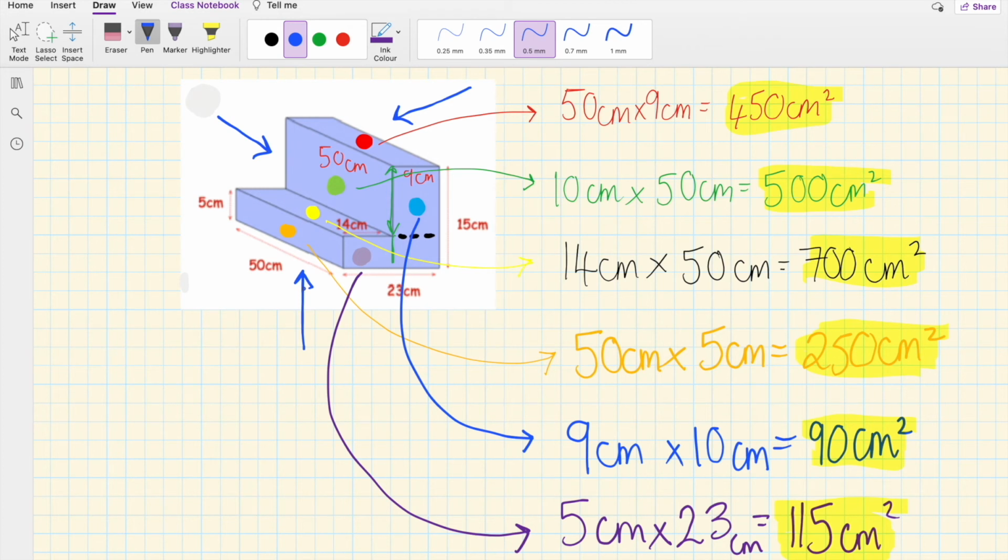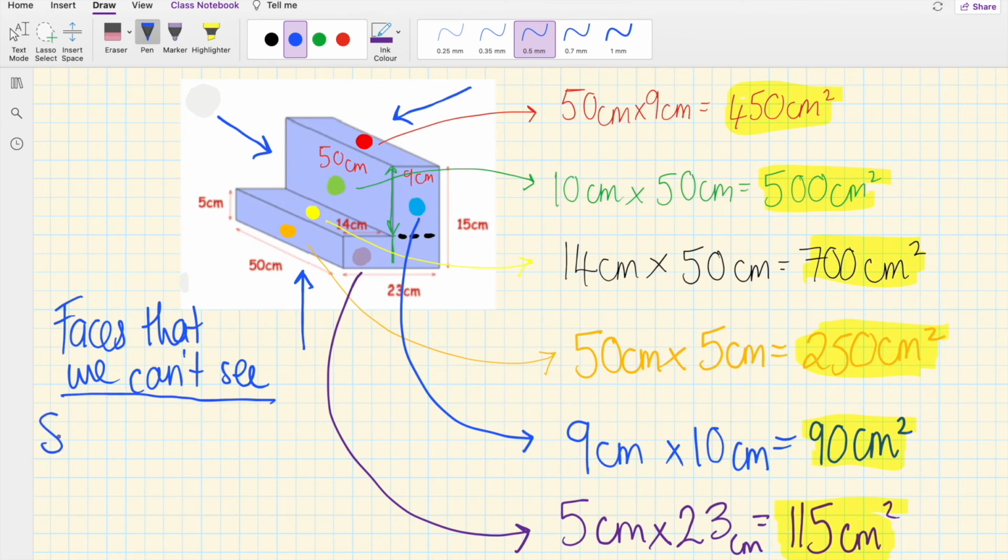Now the face looking in from this direction is a big rectangle that has a height of 15 and a length of 50. So I'm going to work that out as an additional. So these are the faces that we can't see, but they are still there.